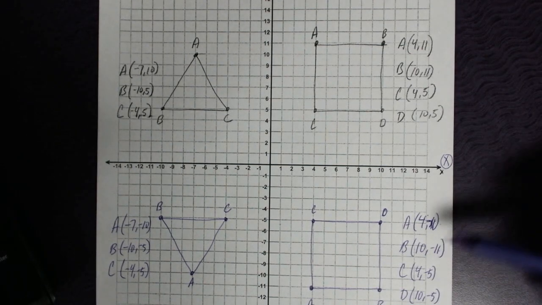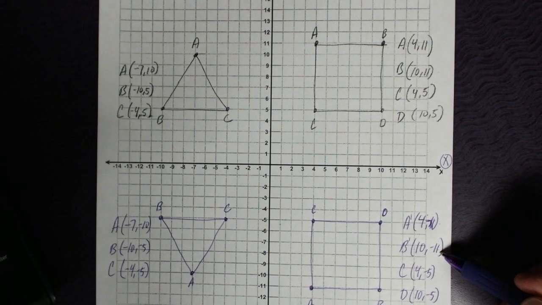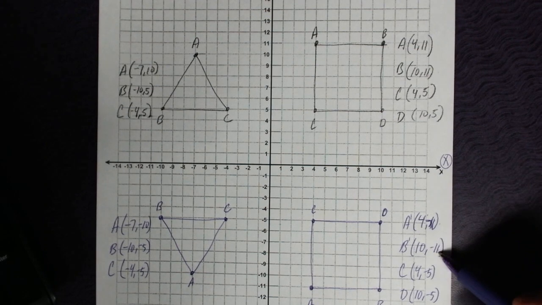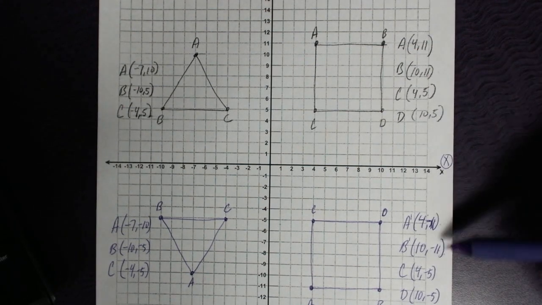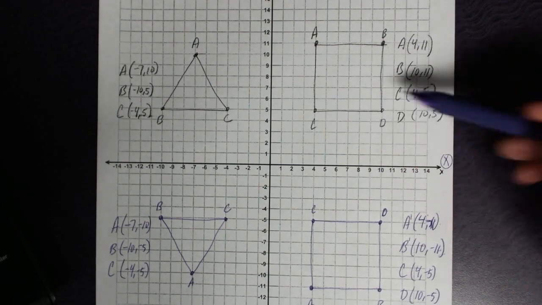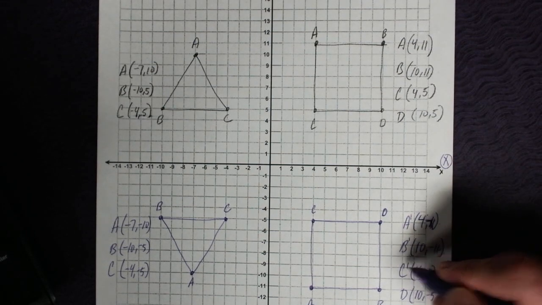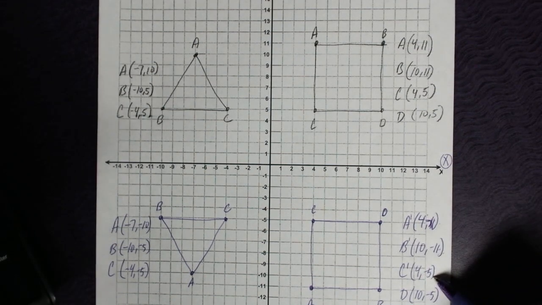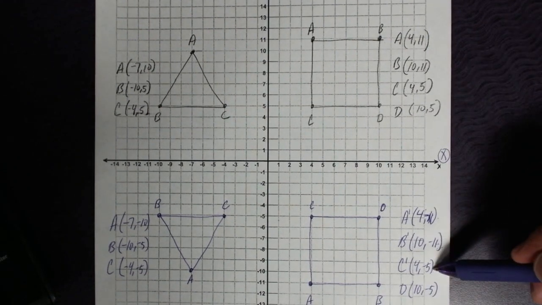This should be B prime, and the reflected image is 10, negative 11. Notice that the 11 changed to the opposite. C is positive 4, positive 5. C prime is positive 4, negative 5. Notice that, again, that y value changed to the opposite.